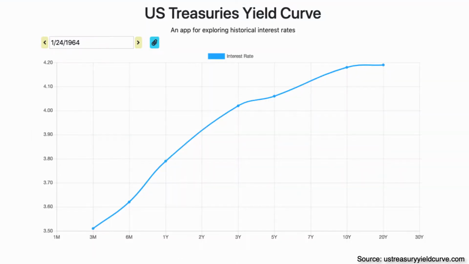The normal yield curve during a normal expansion is upward sloping, with the longer dated treasuries offering more yield, more return on your investment, than the shorter term.